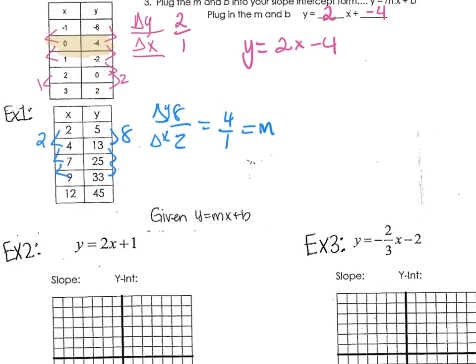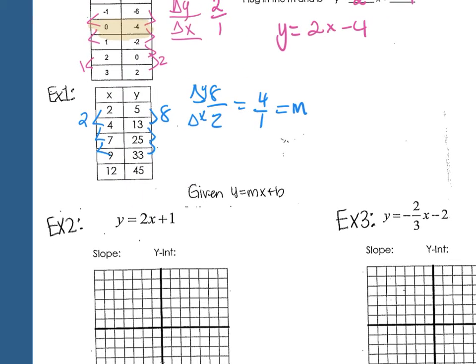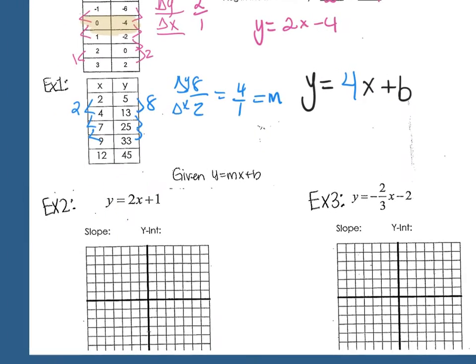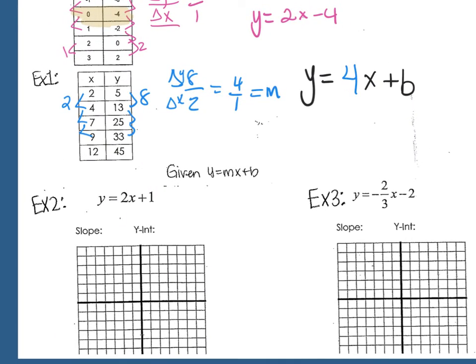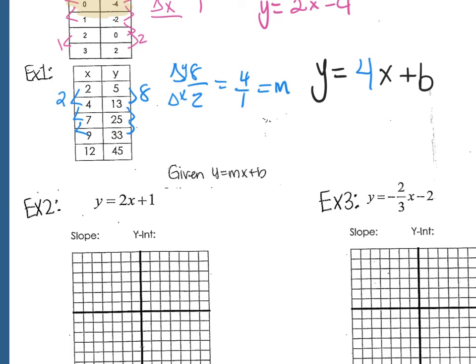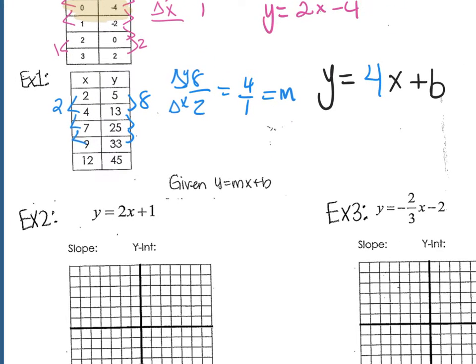So I've got to use that y-intercept form. I have to use that equation. So y equals 4x plus b. So I'm going to plug that slope in for my m because I know what it is, but I don't know what my y-intercept is. Now I've got to pick one of those pairs from the table to plug in for x and for y.